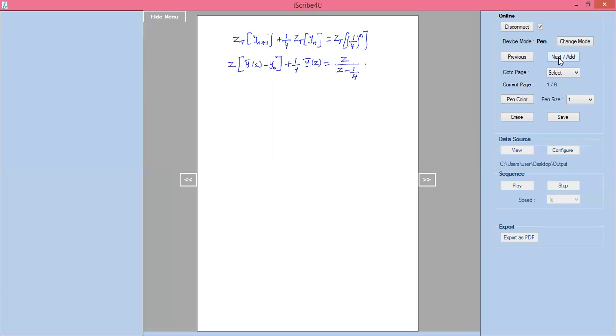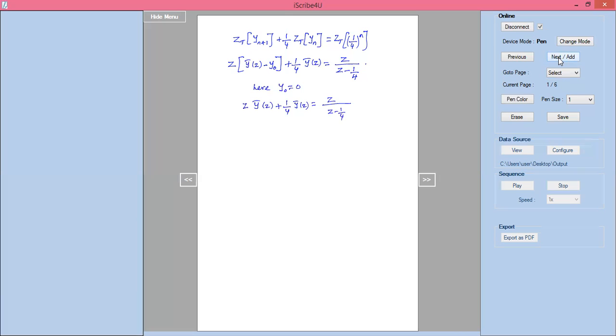Z transform of k^n is nothing but z by z minus k. Now, y(0) equal to 0. So z into y bar of z plus 1/4 into y bar of z equal to z divided by z minus 1/4.